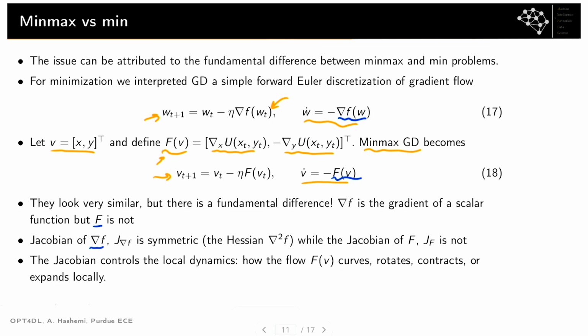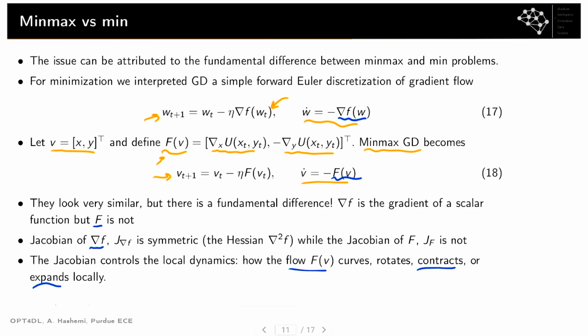So why am I talking about the Jacobian? Because the Jacobian controls the local dynamics. It describes how a specific flow curves and rotates, and these things happen when the Jacobian has complex valued eigenvalues. It also describes how the flow contracts or expands locally, and this happens when the eigenvalues are real valued.